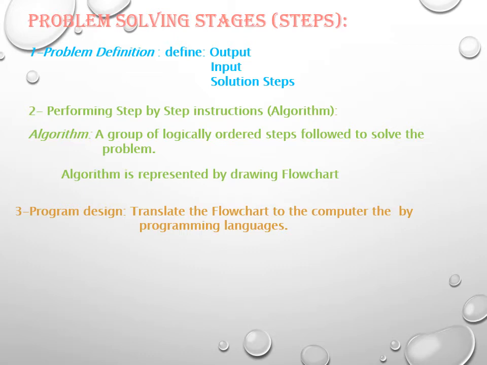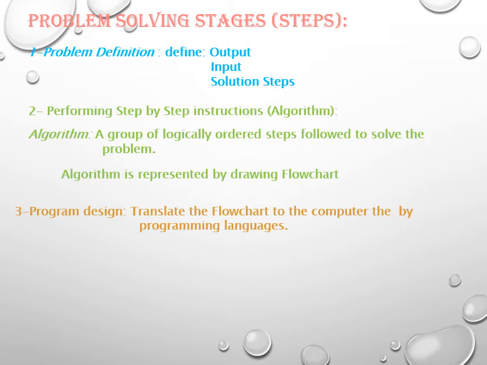Program design. When I perform the algorithm or I write the steps of solving the problem, I write them on a paper. I want to translate this paper or what I wrote on the paper to the computer. How can I translate this? I translate this flowchart to the computer by a programming language, because we know that the computer doesn't understand English.